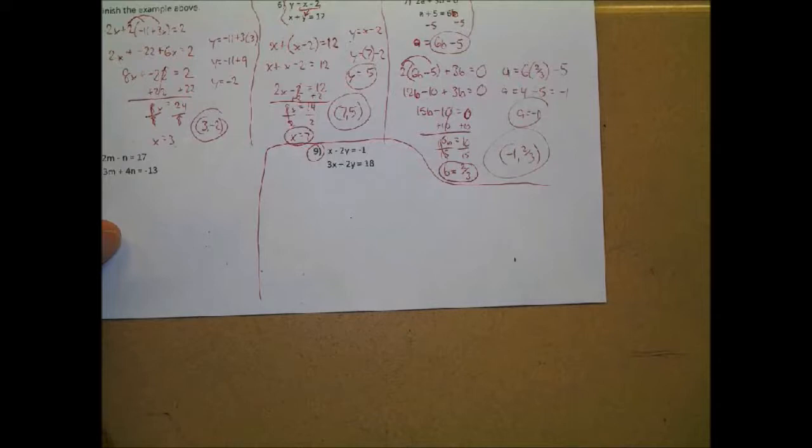Plus 2y, that's x by itself. When you plug it back in, you plug in that 2y minus 1. Let's plug it back in there. 3 times (2y minus 1) plus 2y is equal to 18.